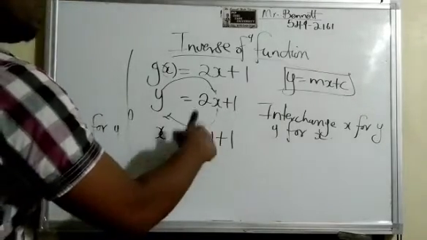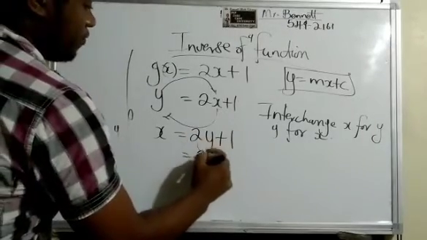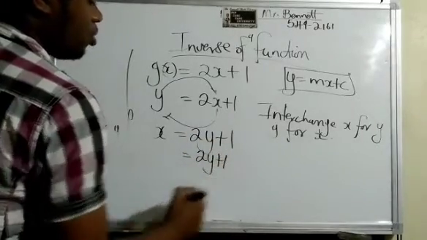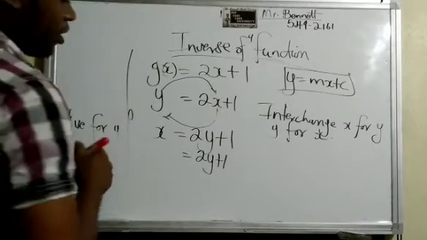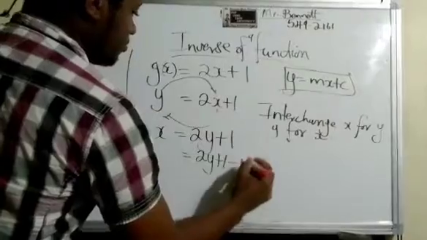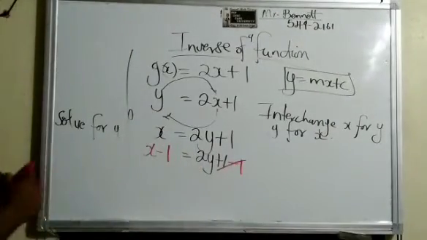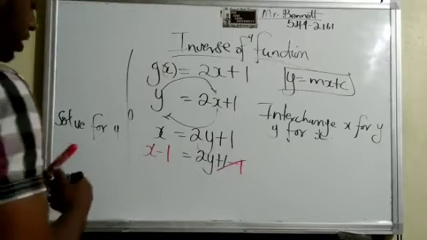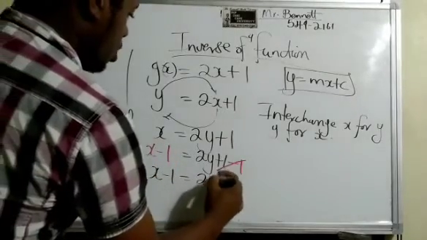So what happens? The last thing that is done to x, we're going to do the inverse. So the inverse of plus 1 would be the opposite, right? So I'd subtract 1. But what you do to one side, you do to both sides, right? Now we are left with x minus 1 is equal to 2y.